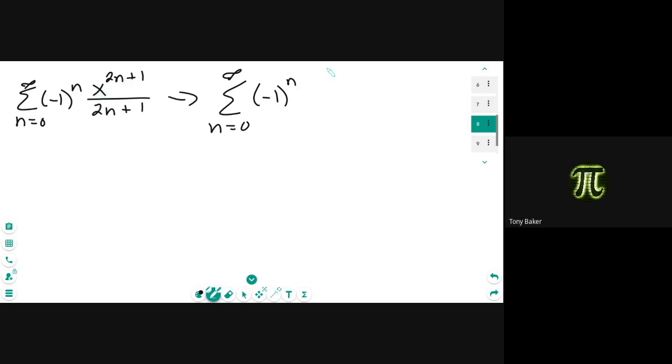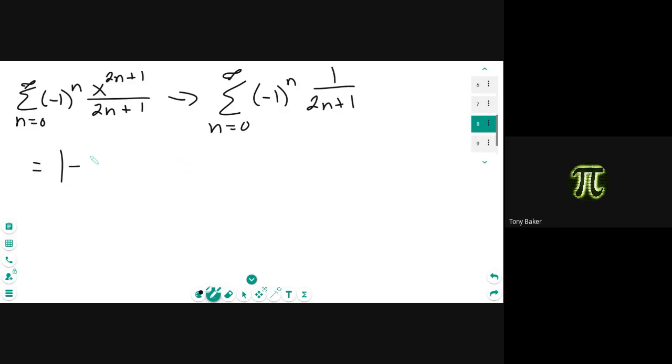Because 1 raised to any power is 1. So 1 over 2n plus 1. Okay. What's the first term? What's the second term? Negative 1 over 3.